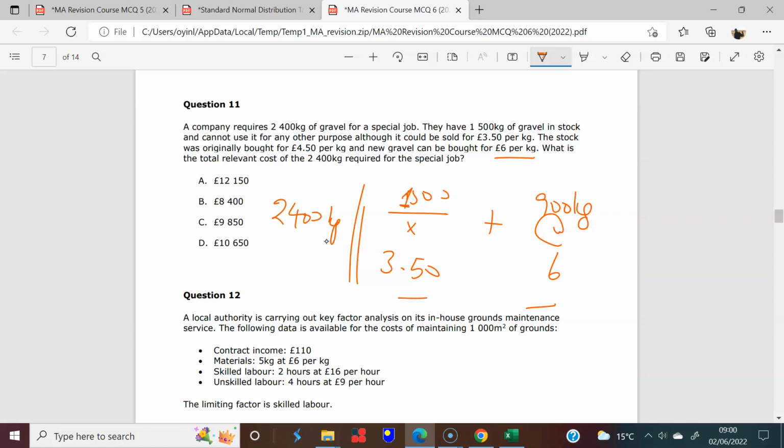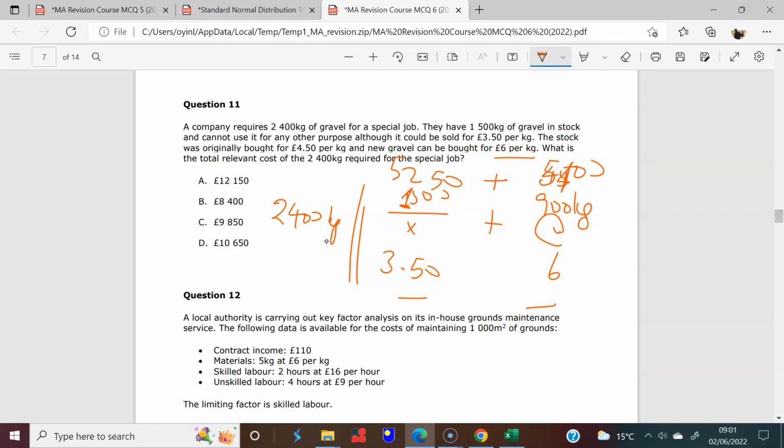The fact that if one department gives you this, they're losing out on 1,500 times £3.50, which is 5,250. Plus, of course, here we have 9 times 6 is 54.